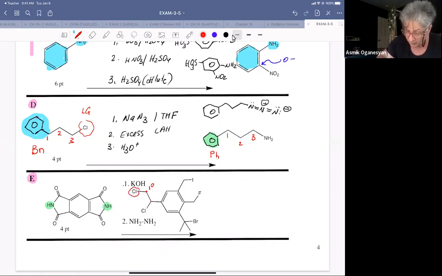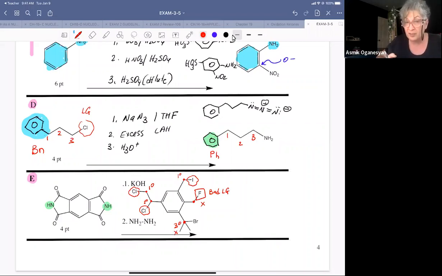I have a secondary position here with chlorine as a leaving group. I have a primary position here with iodine as a leaving group. And I have fluorine, a bad leaving group. There will be no reaction here at all. And then I have a tertiary carbon, and there will be no reaction on the tertiary carbon.